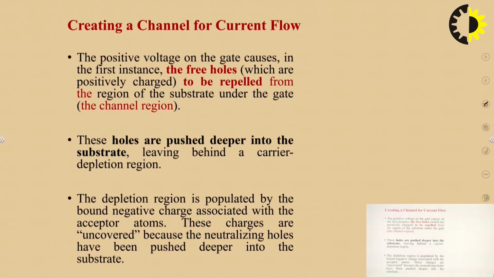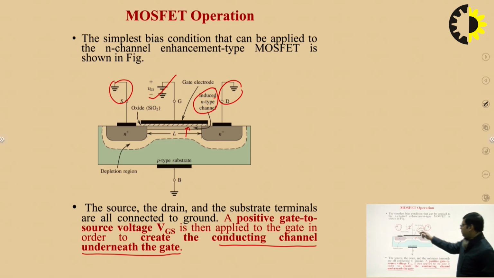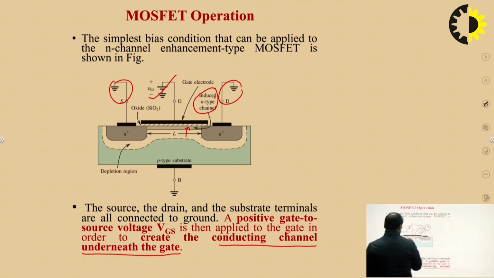Now, why is the channel created? When we have applied a positive gate voltage, this positive potential at the gate will repel the holes from the channel region into the deeper region of the substrate.